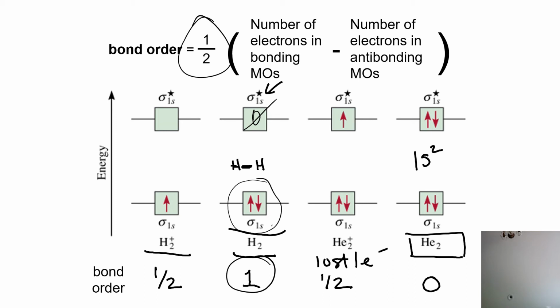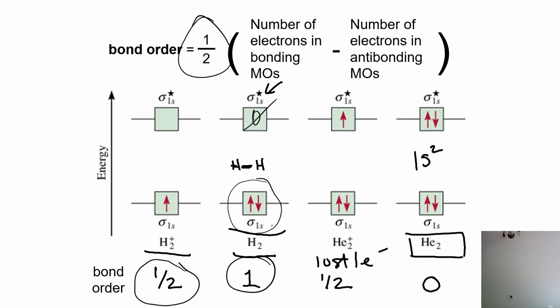If that H2 molecule should lose one of those electrons, then we have only one electron remaining in our sigma 1s bonding orbital, and that produces half a bond. Obviously this isn't as stable as the H2 molecule, but it can fleetingly exist.